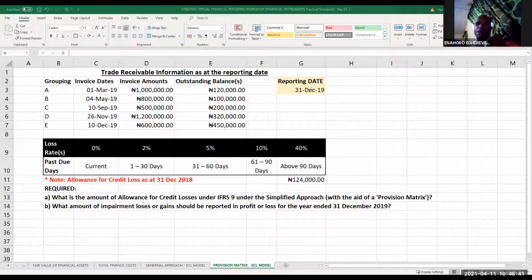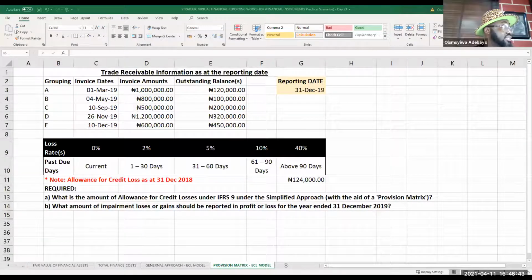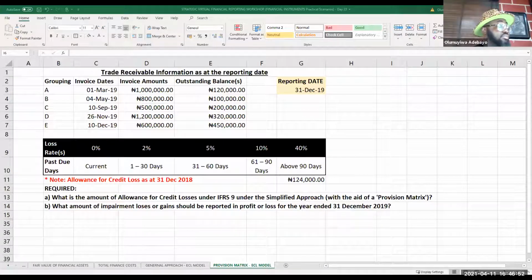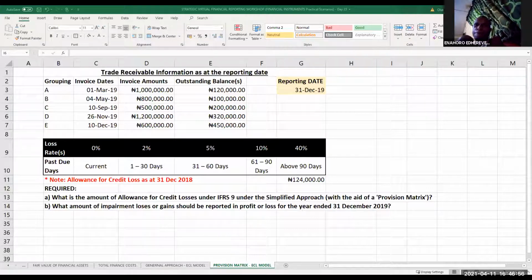The rate for current is 0%, 1 to 30 days 2%, 31 to 60 days 5%, 61 to 90 days 10%, and above 90 days 40%.